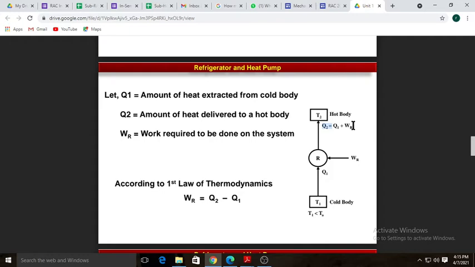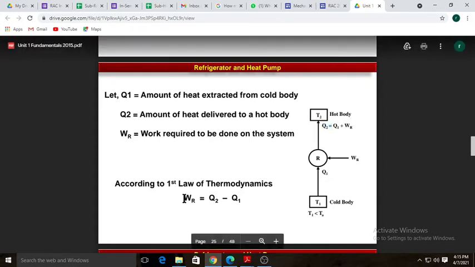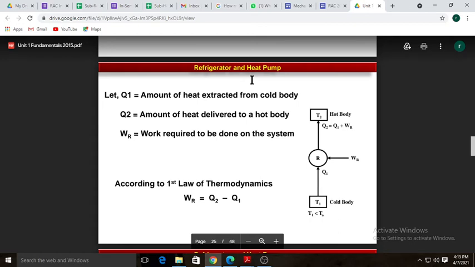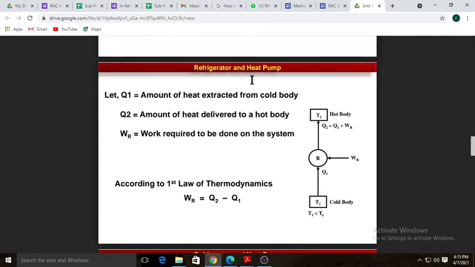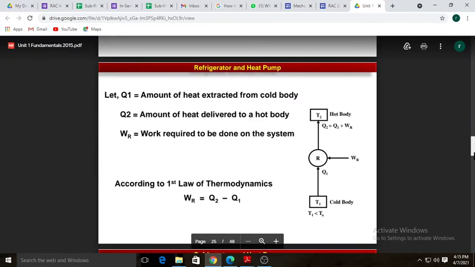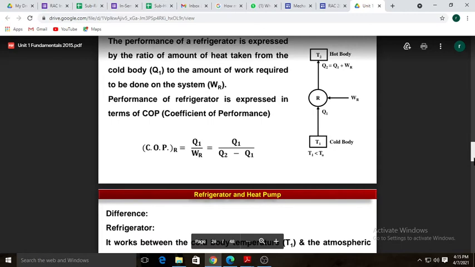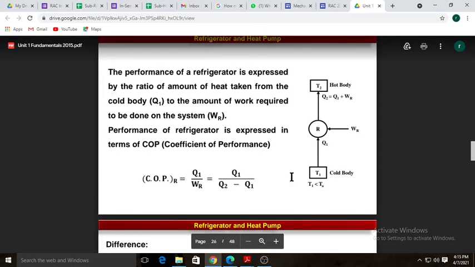So the work supplied to this refrigerator is Q2 minus Q1, and the main aim of the refrigerator is to remove heat from the low temperature body. Now we calculate the COP of this refrigerator.